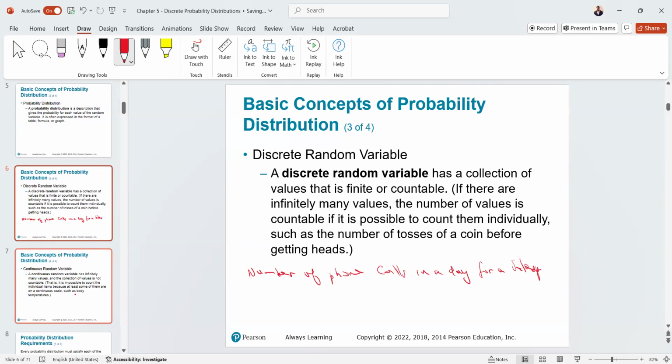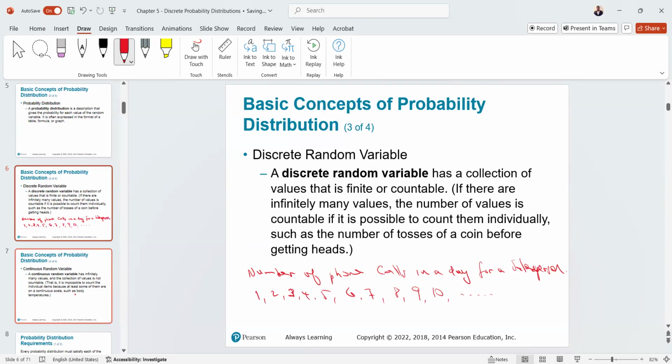Let's say a salesperson makes phone calls to sell anything. The number of phone calls can be one, two, three, four, five, six, seven, eight, nine, 10, etc. You see those are whole numbers. Or the number of yellow M&Ms in a bag of M&Ms.